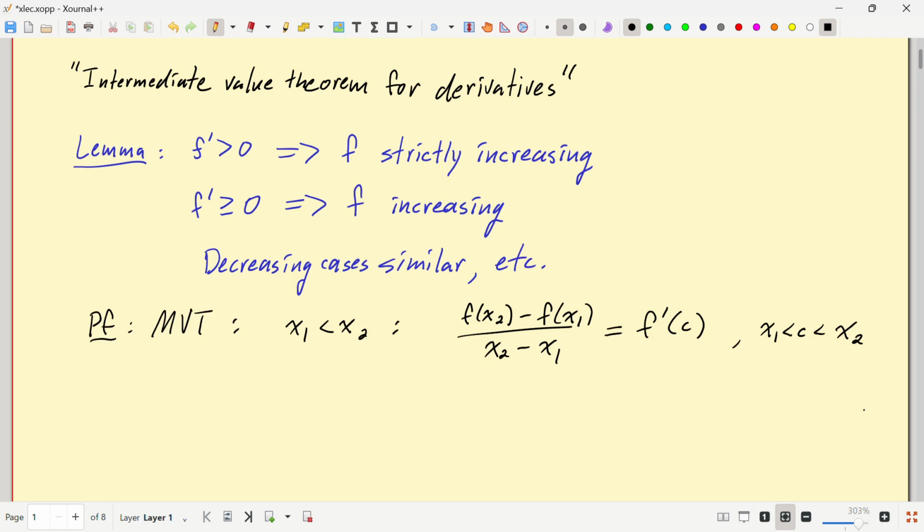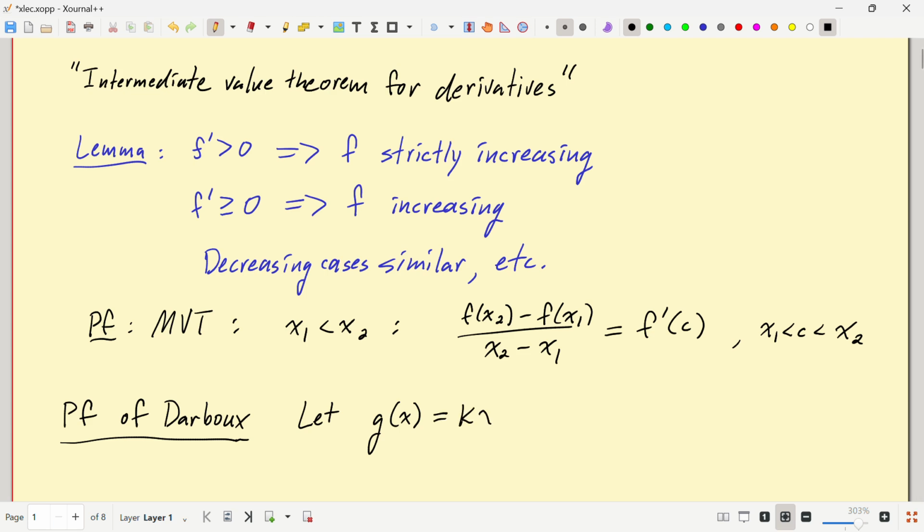But now the proof of Darboux is fun. I said it was tricky, but it's not really tricky. Let g of x be equal to kx, that's the k between f prime of a and f prime of b, minus f of x. I'm going to do a case here.